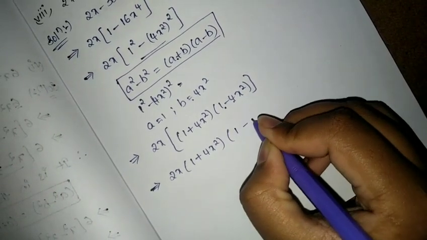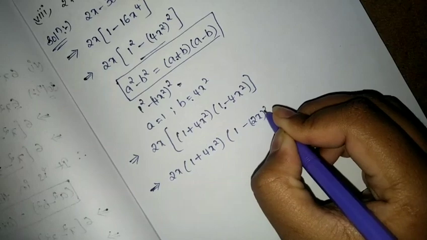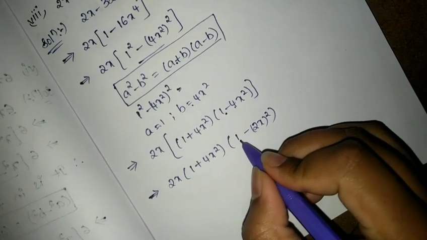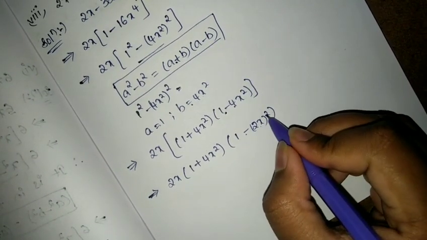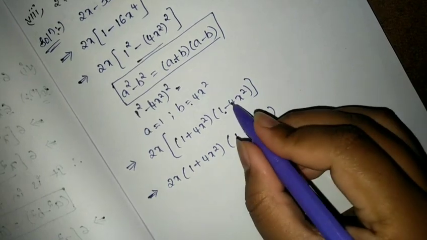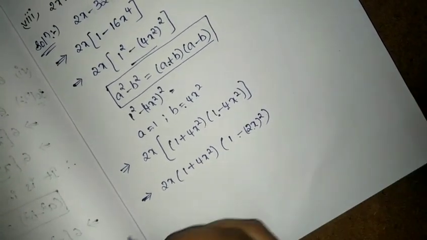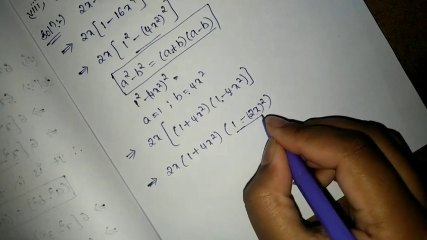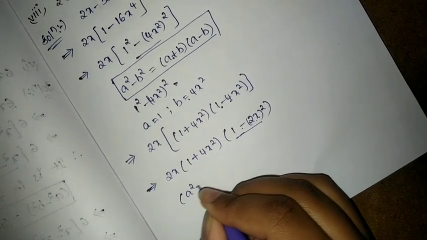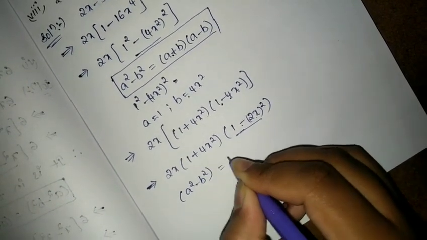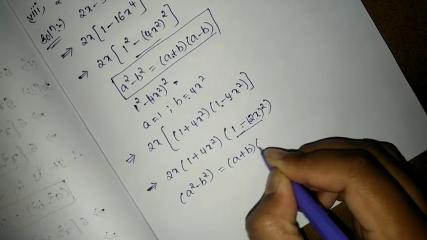Here 1 minus 2x whole square. 2x whole square means 2 square means 4. X square means x square. So it is again in the form of a square minus b square. The formula is a plus b into a minus b.